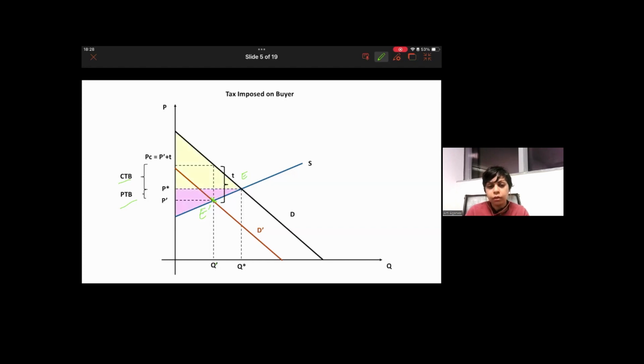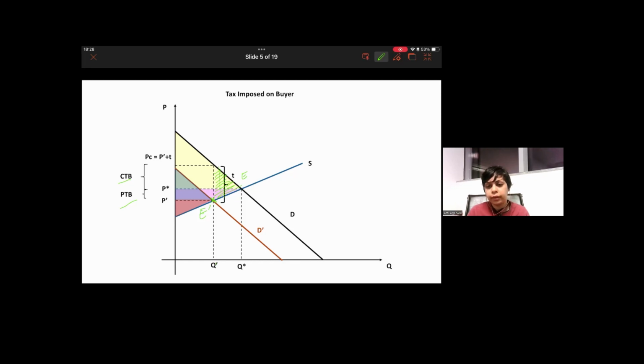And this is the initial consumer surplus and producer surplus, and this is what the new consumer and producer surplus look like. They are also exactly the same. Even geometrically, they will work out to be the same. So eventually that means that this deadweight loss triangle is also the same.